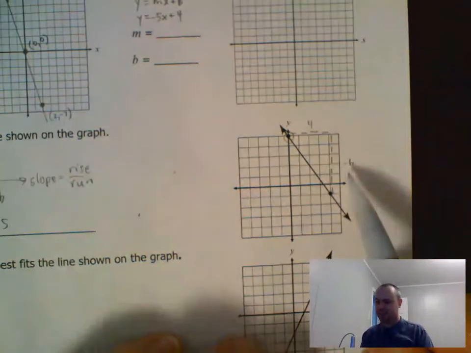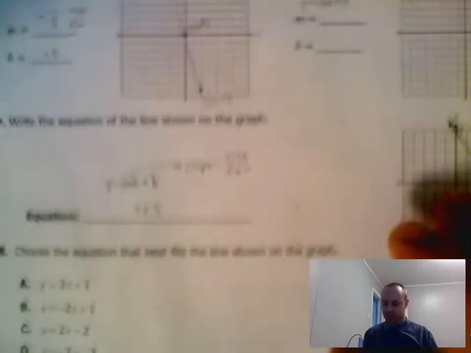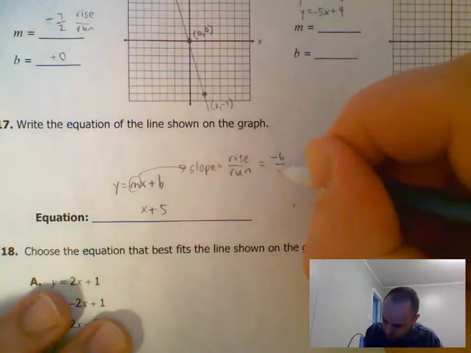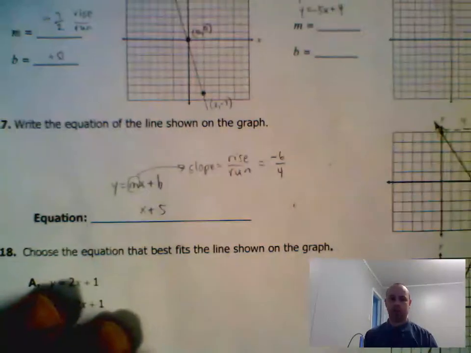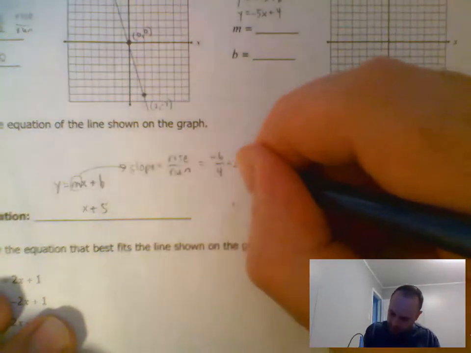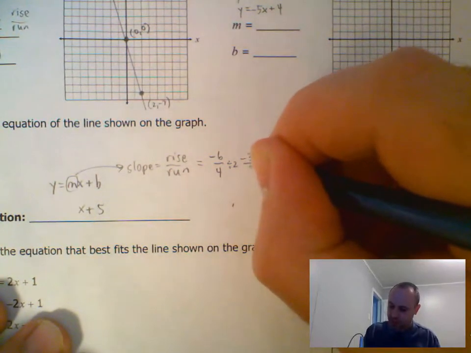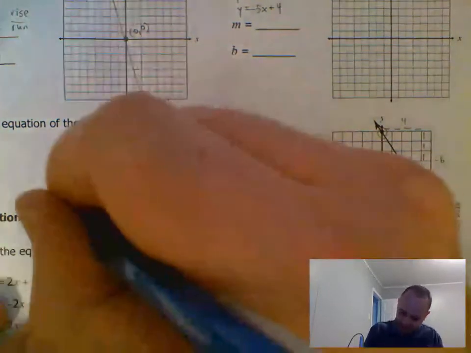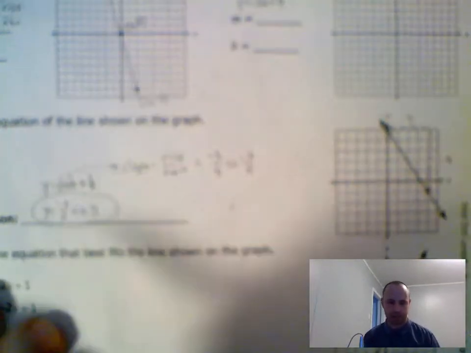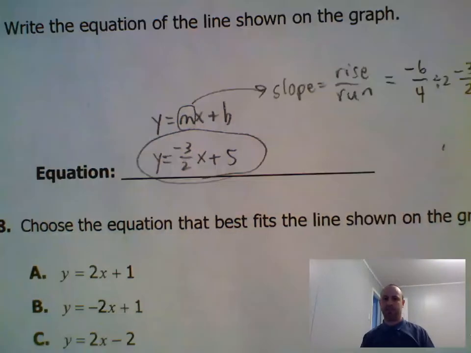So my rise is -6. If I reduce that by dividing by 2, that's going to be -3/2. So my slope is -3/2, and my equation is y = -3/2 x + 5.